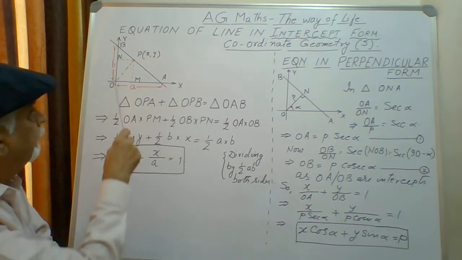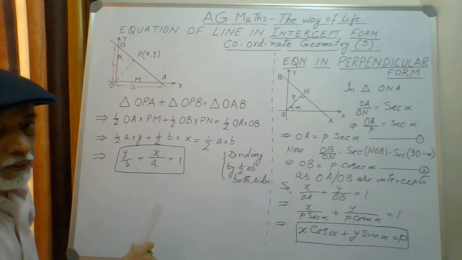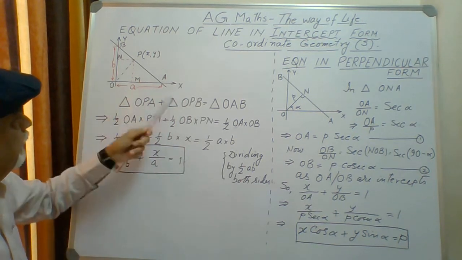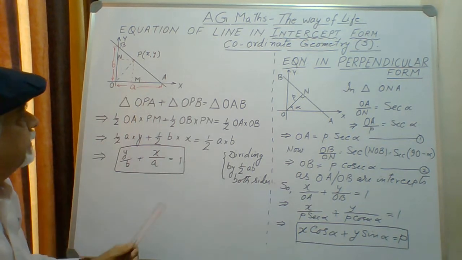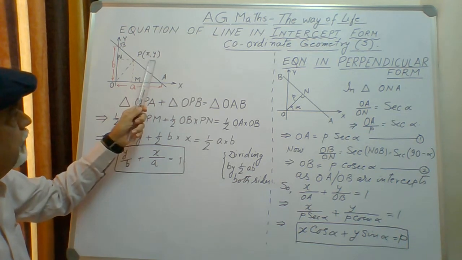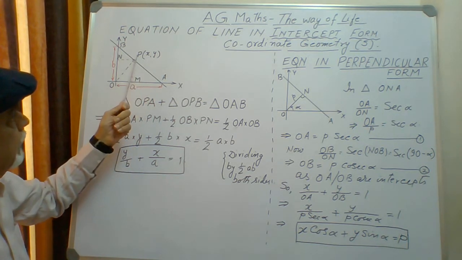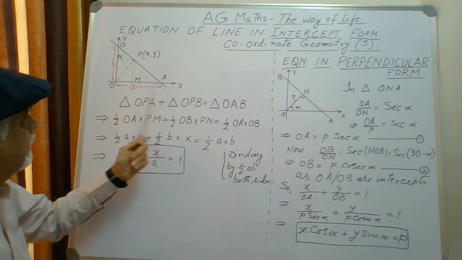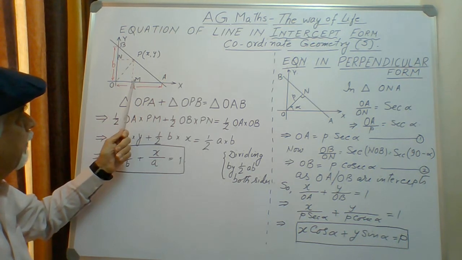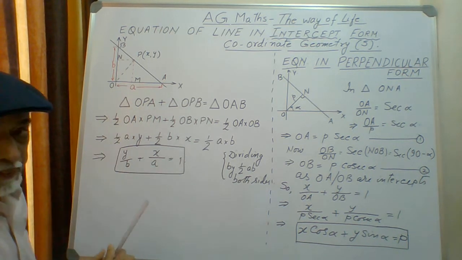Now, we have assumed a point P on the line AB with coordinates x and y. The coordinates x and y mean that when I drop a perpendicular from P onto the x-axis, PM is the perpendicular here.